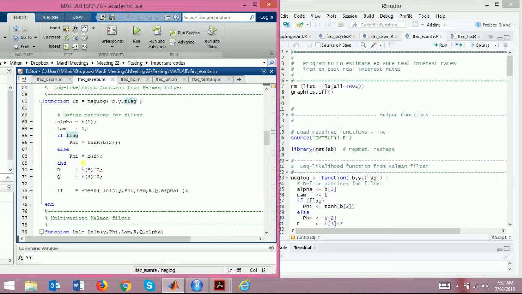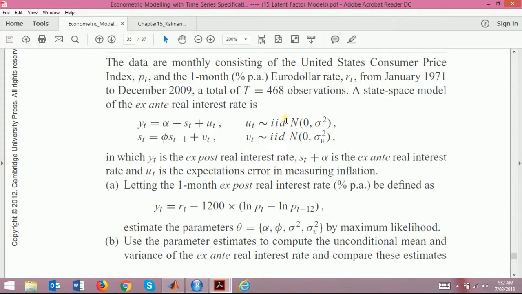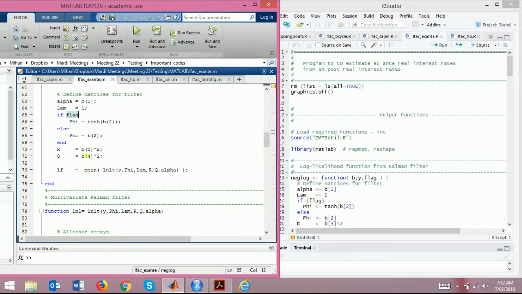Now flag is restriction and non-restriction. Lambda is 1 because in our question it is mentioned that it will be 1. So we're putting lambda 1 so that we can find sigma square v. Otherwise you would have to put sigma square v1 for proper specification, as we discussed in our theory.